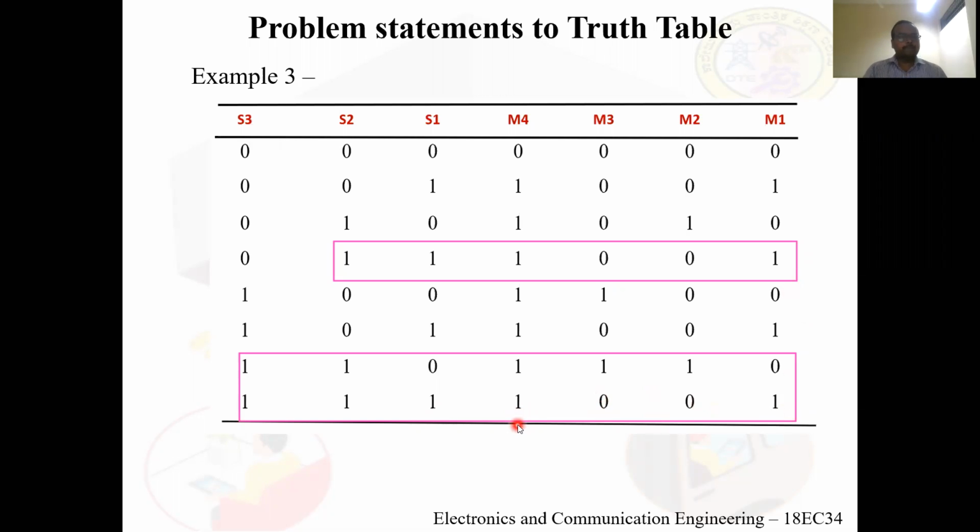Have you understood this? Right? In the three examples I gave, in order to understand the given problem statement, first understand the problem statement, come up with the input and output variables, and construct the truth table. While constructing the table, remember the condition, how the outputs are impacted by the input.